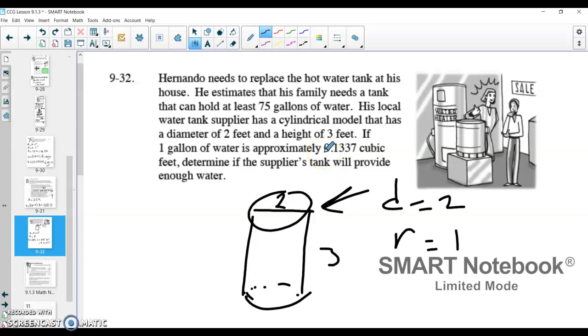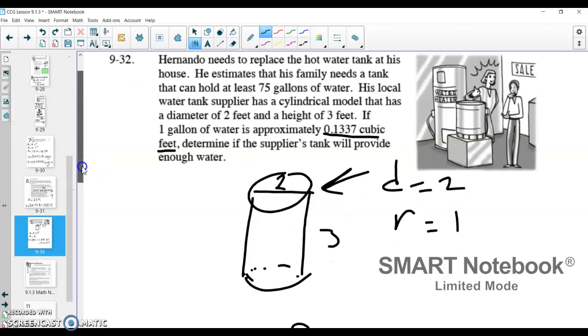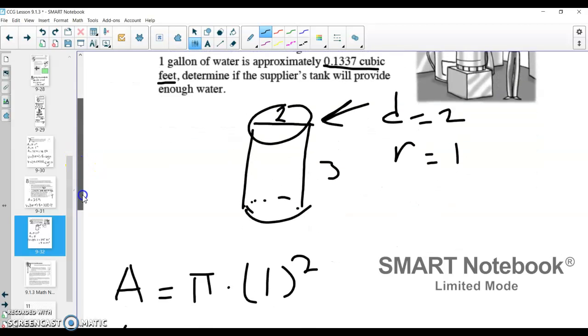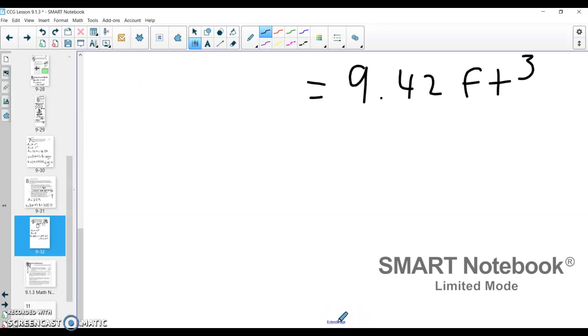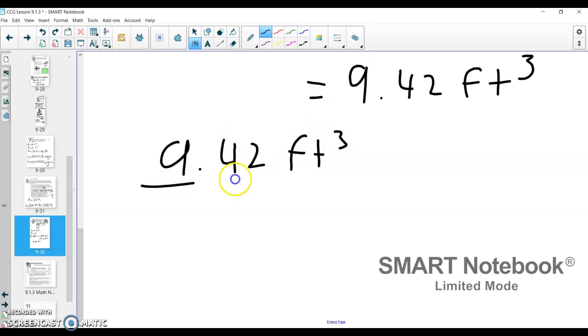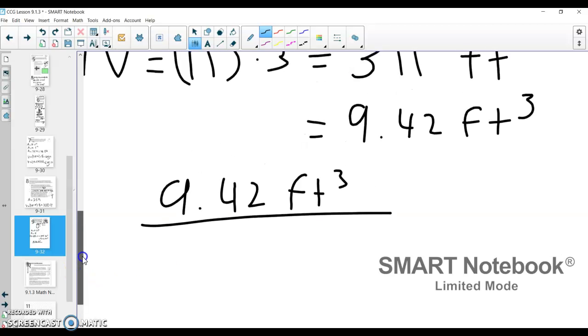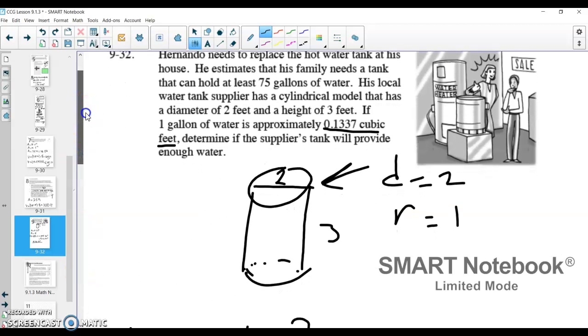It says that 1 gallon of water is 0.1337 cubic feet. And so what I need to do here is take my amount of cubic feet, 9.42 feet cubed, and divide it by how many cubic feet are in a gallon.